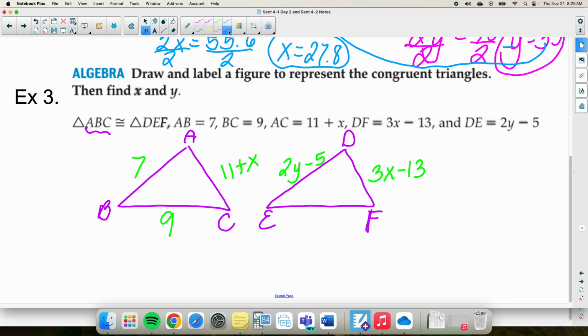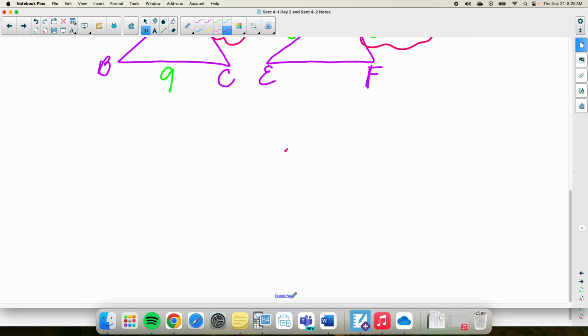So if you notice, this right here is side AC, which is the first and last letter in that congruence part. And this right here is DF, which is the first and last letter there. So those would be equal. So I can set those two equal to each other and solve.